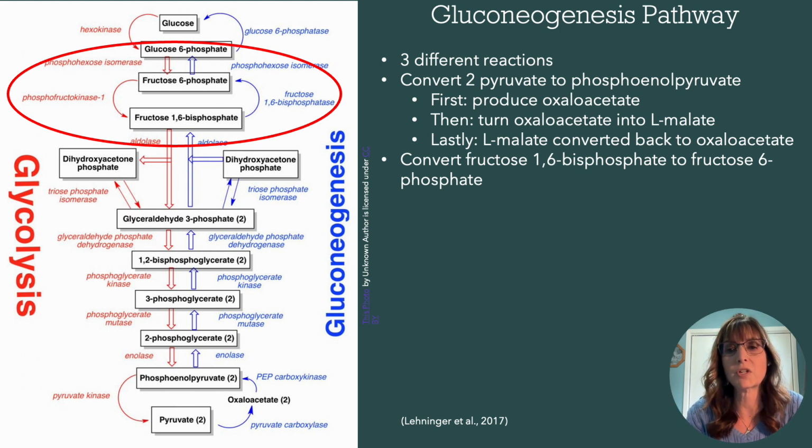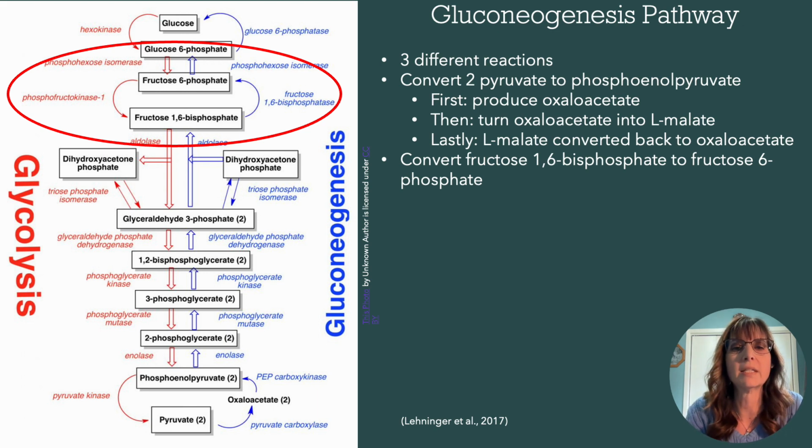Now, the second step that differs from glycolysis is when we convert fructose 1,6-bisphosphate to fructose 6-phosphate. This reaction is catalyzed by fructose 1,6-bisphosphatase, or FBPase-1. There's so many different names for this enzyme.